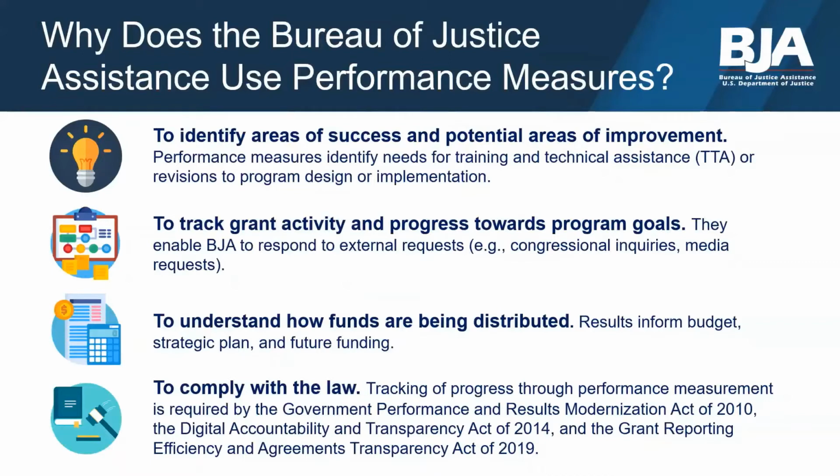Finally, the Department of Justice is required to comply with the reporting requirements of federal laws, including the Government Performance and Results Modernization Act of 2010, the Digital Accountability and Transparency Act of 2014, and the Grant Reporting Efficiency and Agreements Transparency Act of 2019.